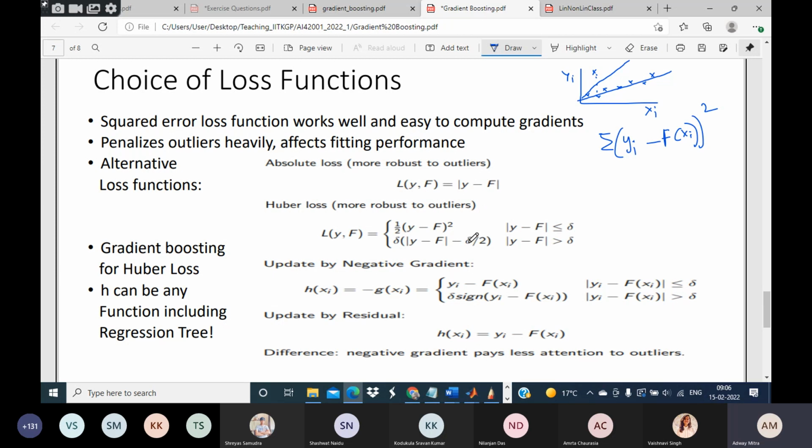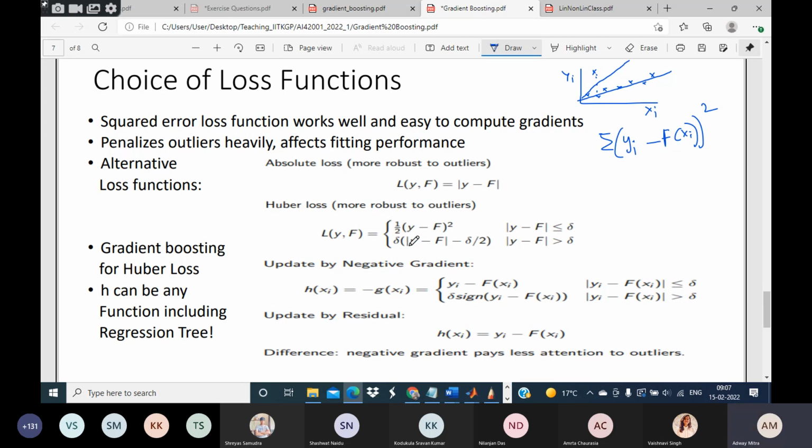So that is how they define the Huber loss. This ensures that for the points which are outliers, the penalty is not so much as in this case, but for the non-outlier points, it is this way only. So that is how you define the Huber loss.